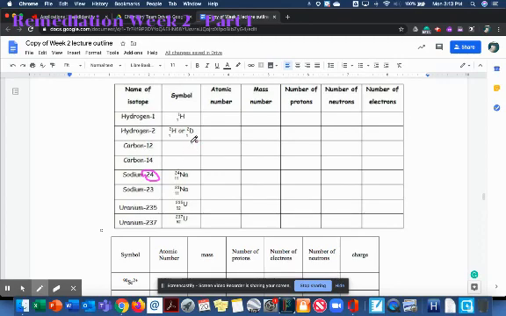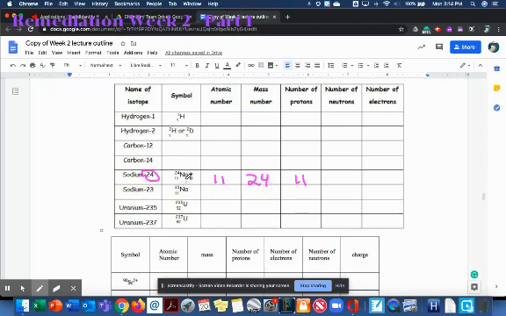So if we look at some of these, that bottom number is always the atomic number, so we know the atomic number is 11, and whatever the atomic number is, that's also the number of protons. The mass number is always this top number in the nuclear notation, or it's this number in this other type of notation. So in this case, 24.